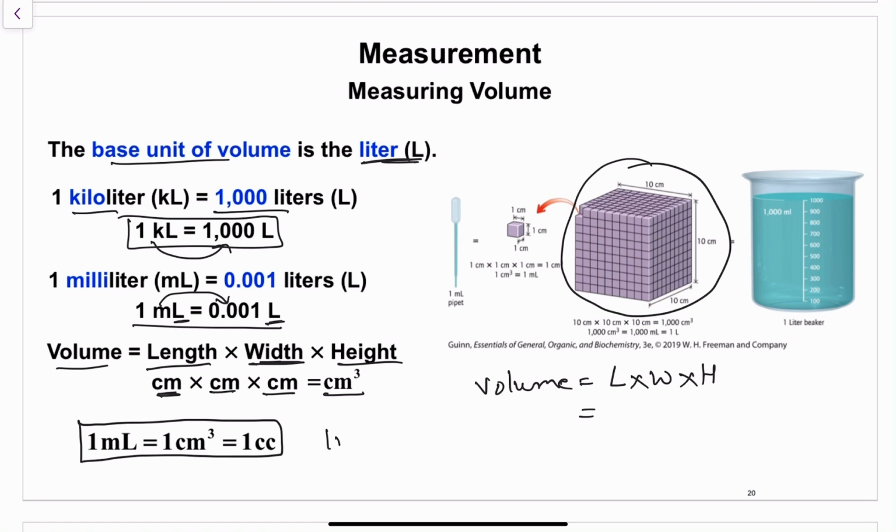So if I say 1 ml, it is the same as if I'm saying 1 cubic centimeter, they are the same, they're equal. And if they are equal, we can say this is also equivalent, right?